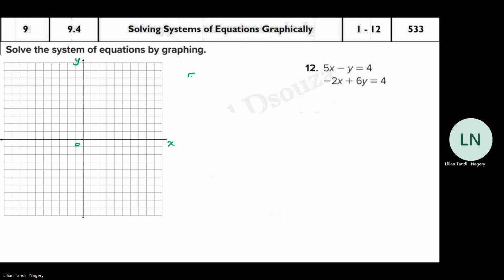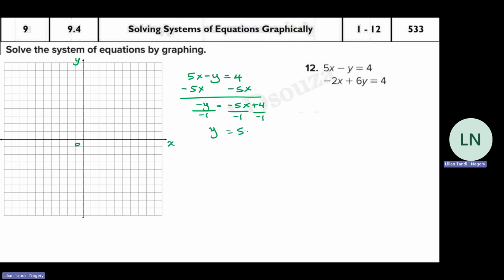So 5x minus y equals 4. Subtract 5x from both sides: negative y equals negative 5x plus 4. Divide by negative 1: y equals 5x minus 4.